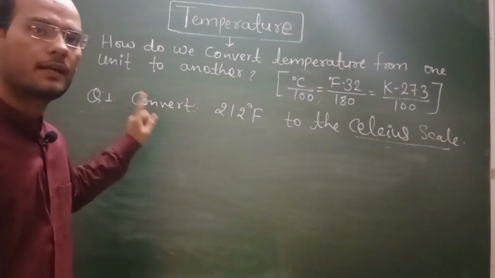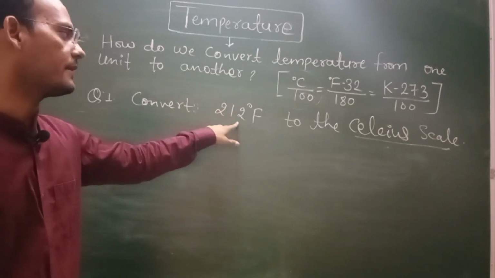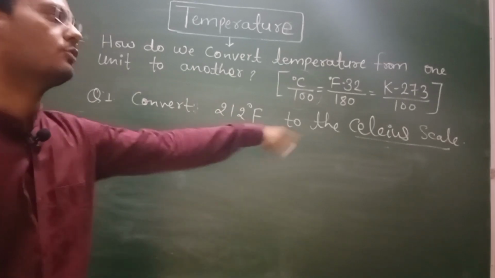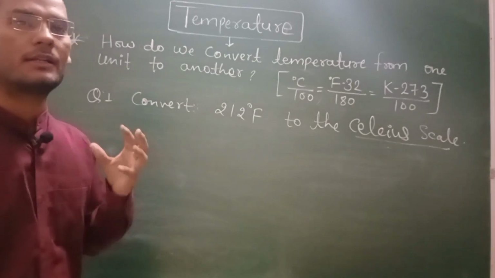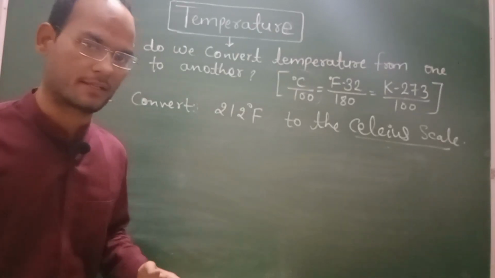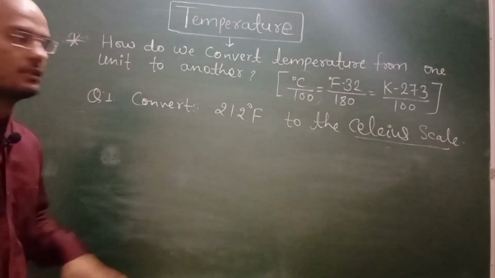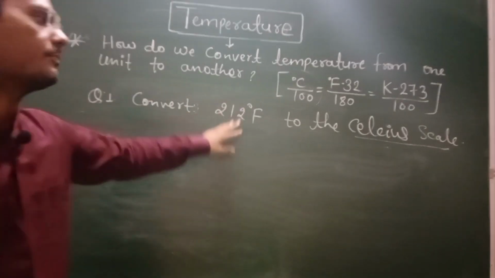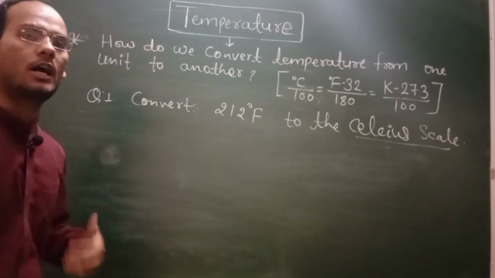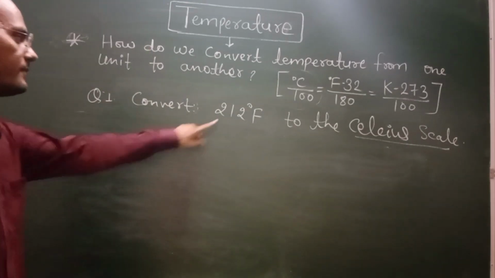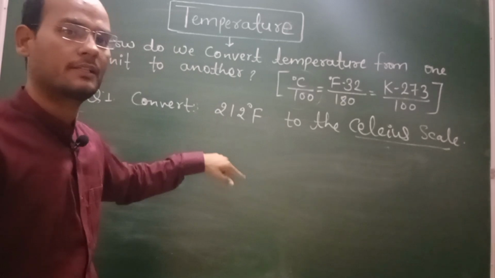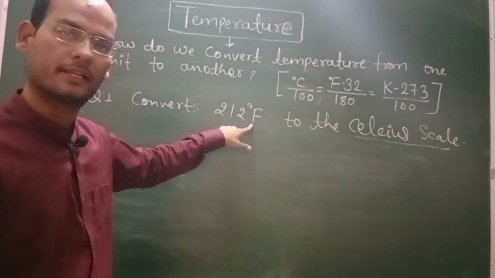Okay students, convert 212 degrees Fahrenheit to the Celsius scale. What will be the temperature in the Celsius scale? Clear? By the formula we can change this Fahrenheit temperature to the Celsius scale. Which type of temperature are we given? Degree Fahrenheit.